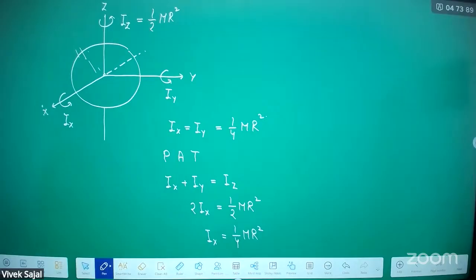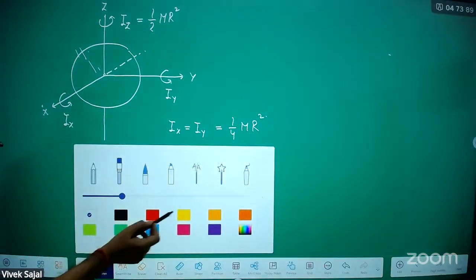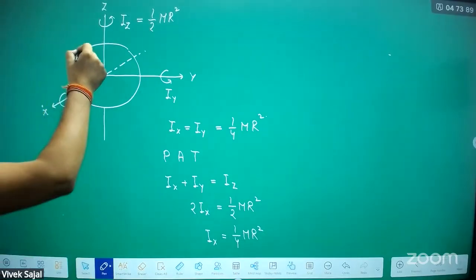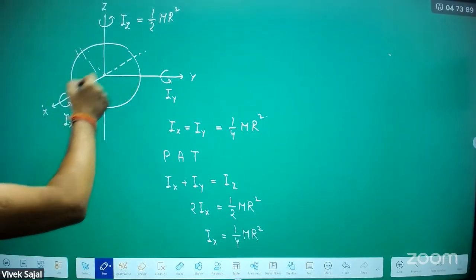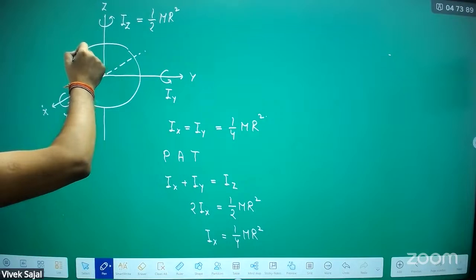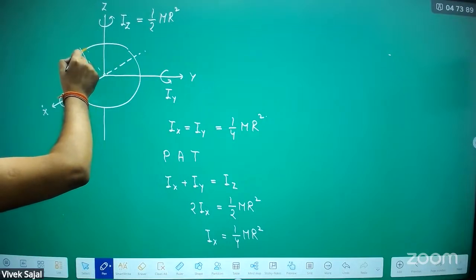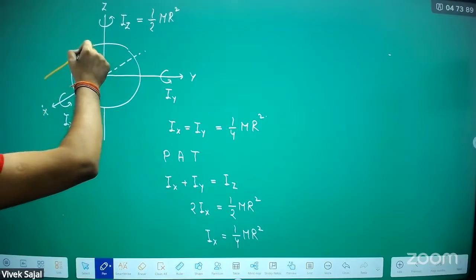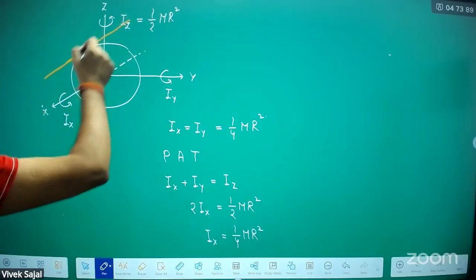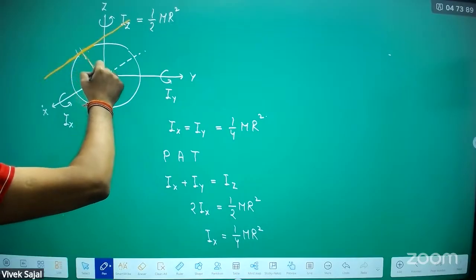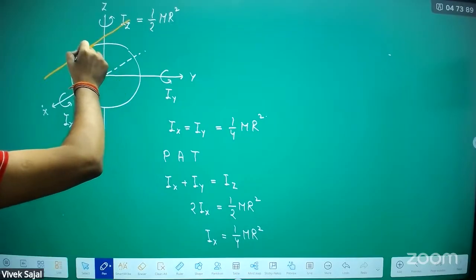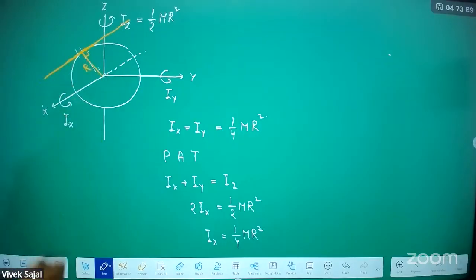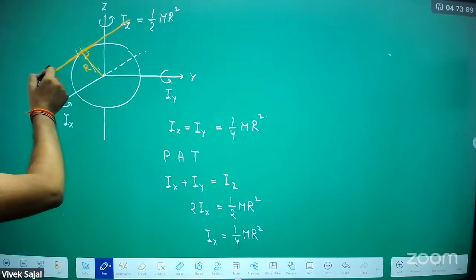Now suppose you want to find the moment of inertia about this axis. Suppose this is the x-axis and there is an axis here that is passing through this point and parallel to it like this. This is R, this is a 90 degree angle here and R is the radius. You are rotating this disk about this.